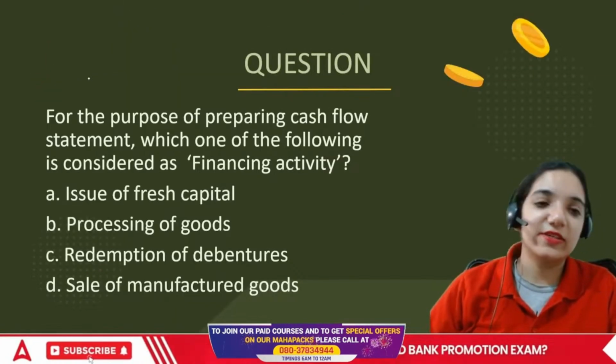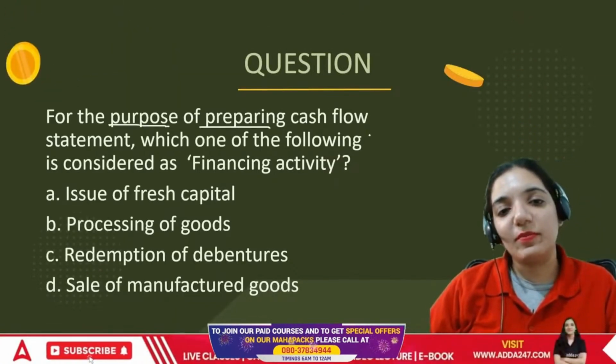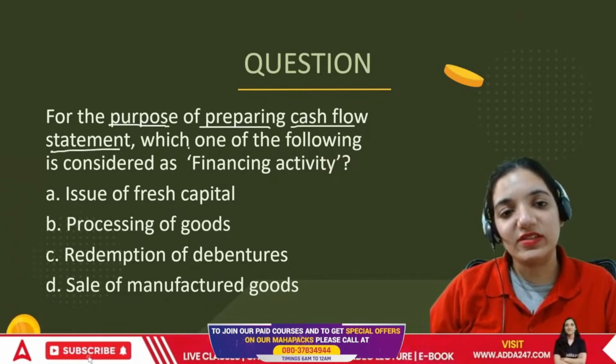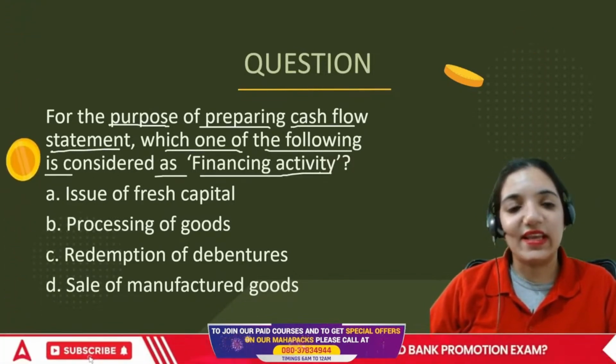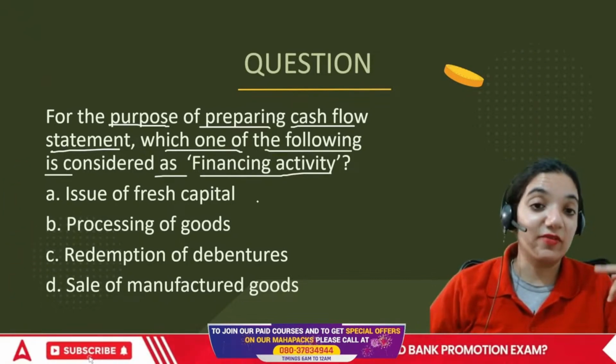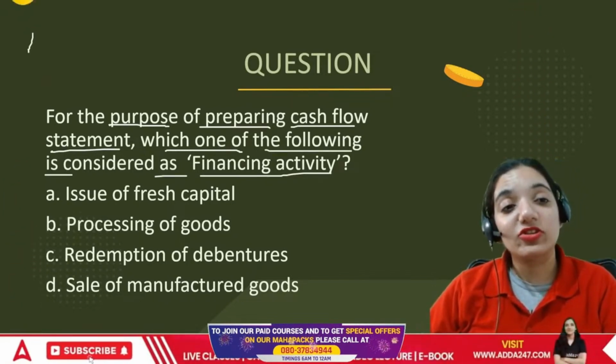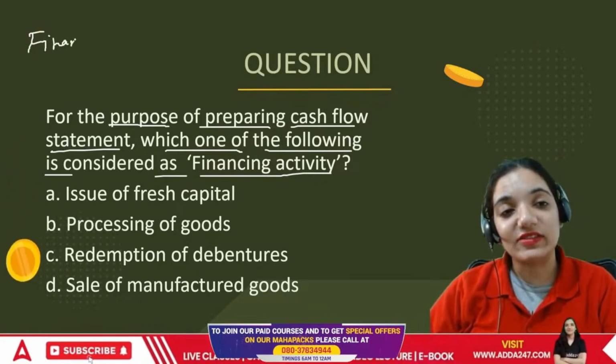Next point. For the purpose of preparing cash flow statement, which one of the following is considered as financing activity? Financing activity means the activity which relates to acquiring finances for the business.